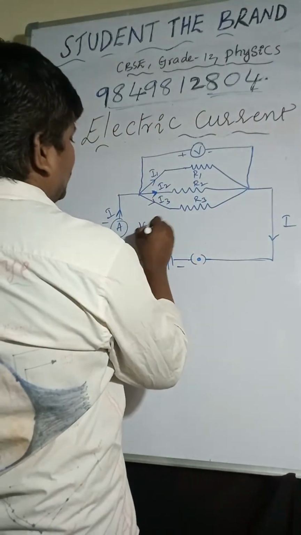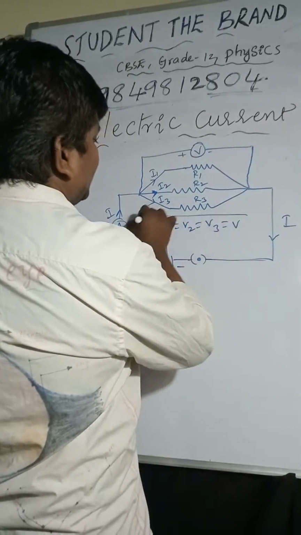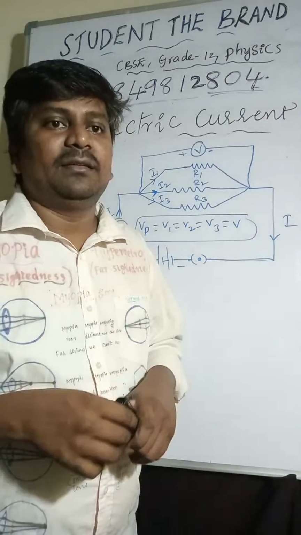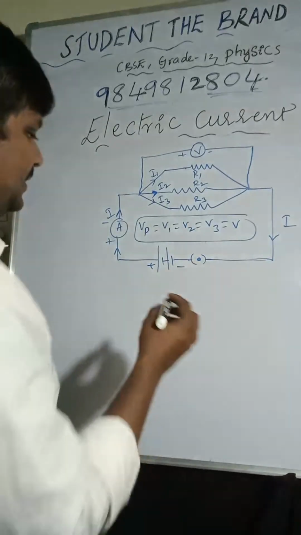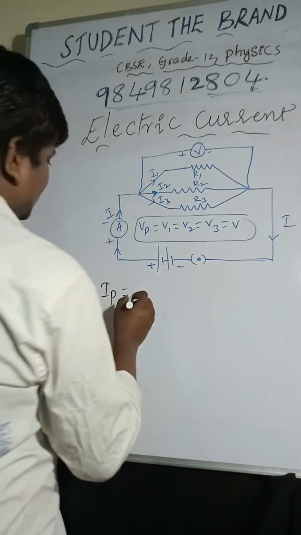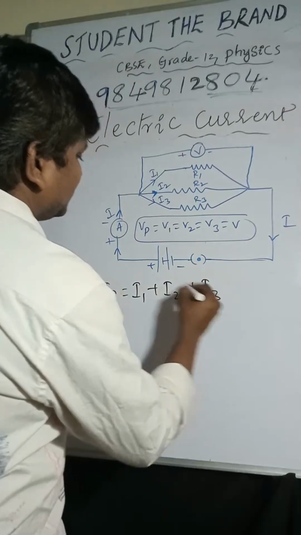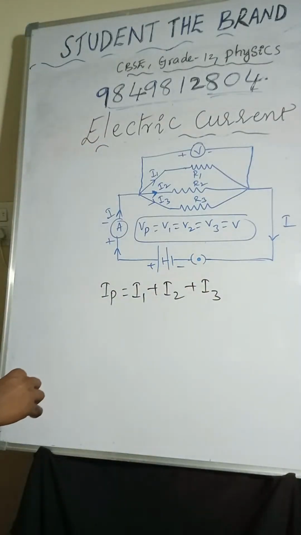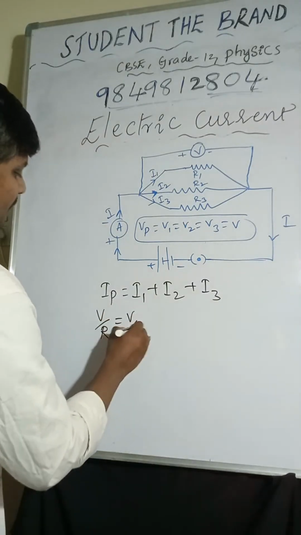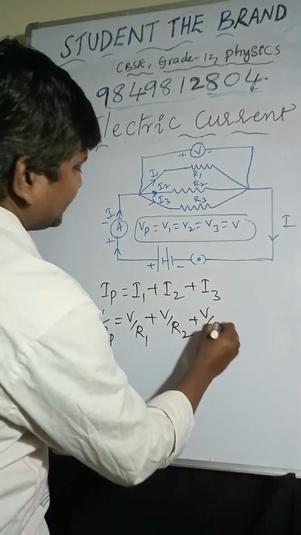So Vp equal to V1 equal to V2 equal to V3 equal to V, because potential difference is same. Current is dividing, right? Now in that case, Ip equal to I1 plus I2 plus I3. Then V by Rp equal to V by R1 plus V by R2 plus V by R3.